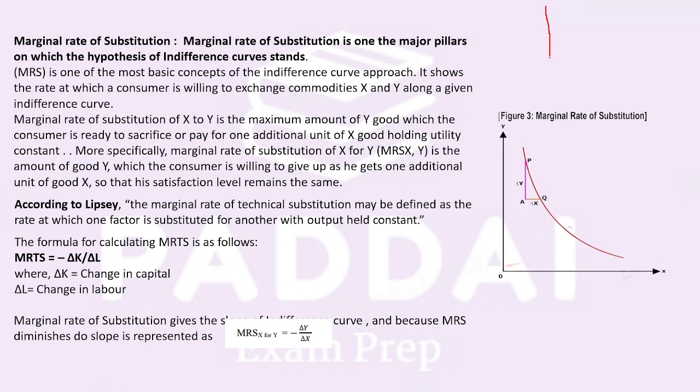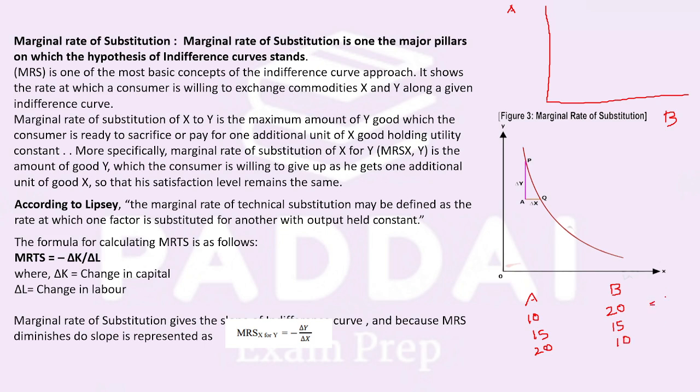Let's understand this is a curve. This is good A and this is good B. Let's make a combination of A and B. Two goods, apples, bananas. 10 apples, 20 bananas. 15 apples, 15 bananas. 20 apples, 10 bananas, and so on.